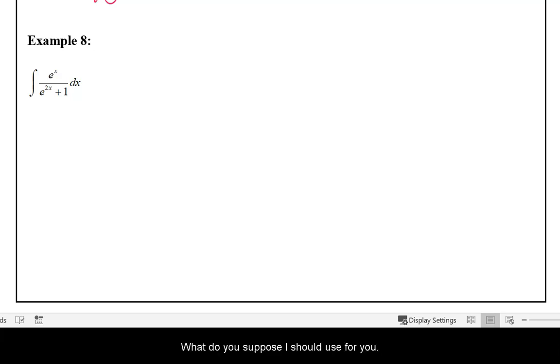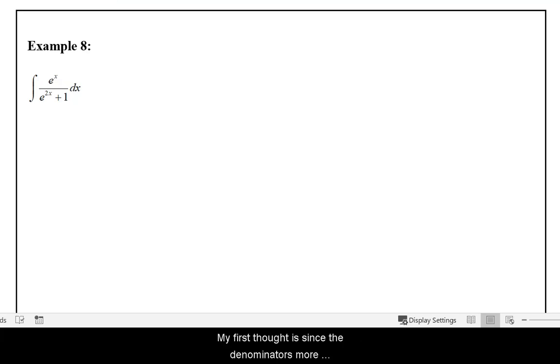What do you suppose I should use for u? In this particular problem, it is not as clear what might be u. Let's see what we can come up with. My first thought is, since the denominator is more complicated, let's try that for u. In that case, I would write u equals e to the 2x power plus 1.